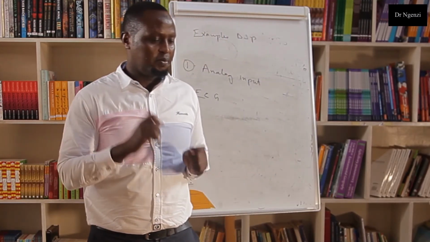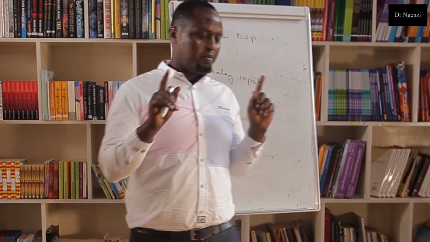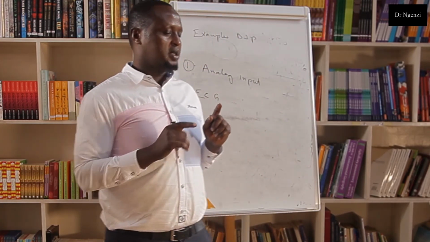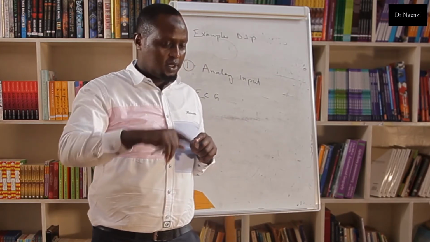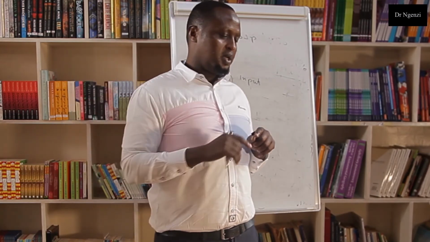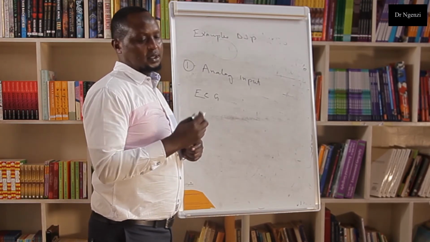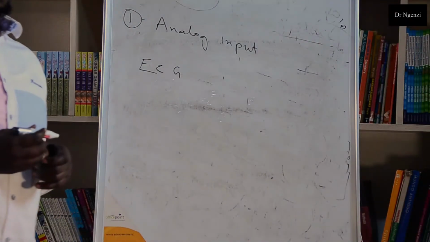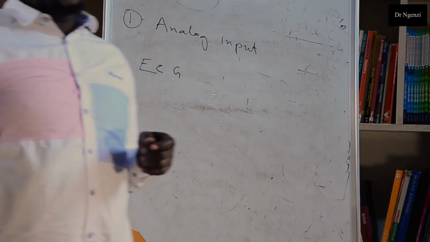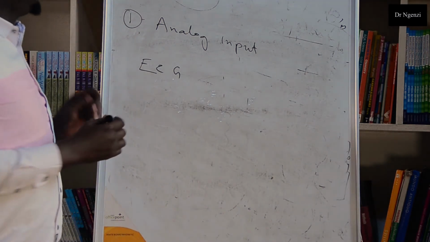When the heart releases beats, the signal that comes while the heartbeat is in operation is the electrocardiograph signal. That is one example of analog inputs. And also the other signal, the electroencephalogram, which is a brain signal.